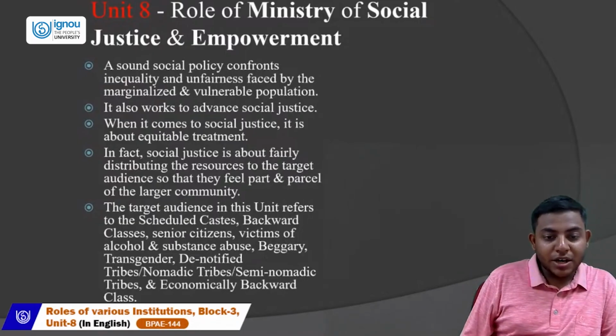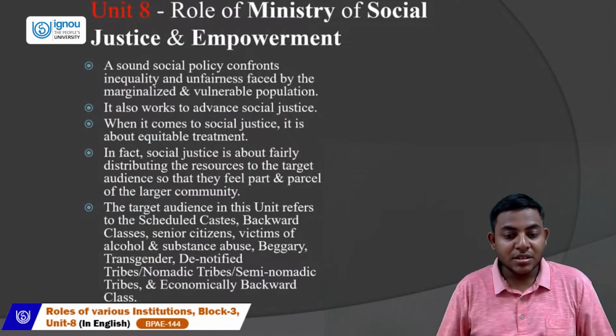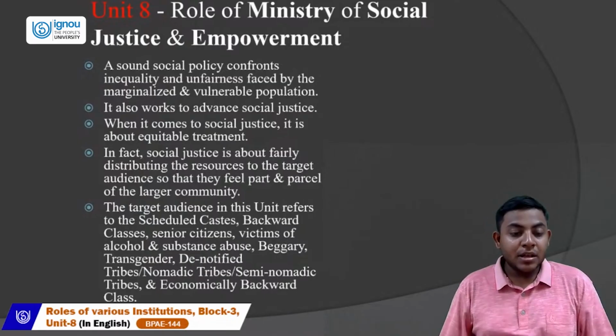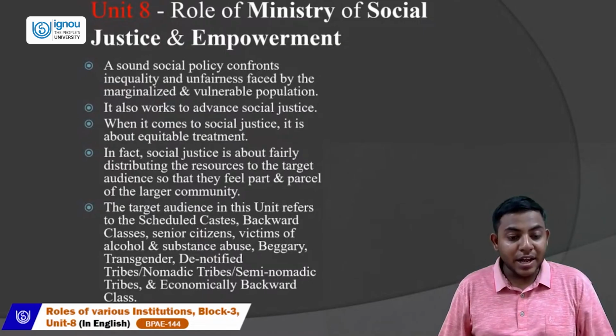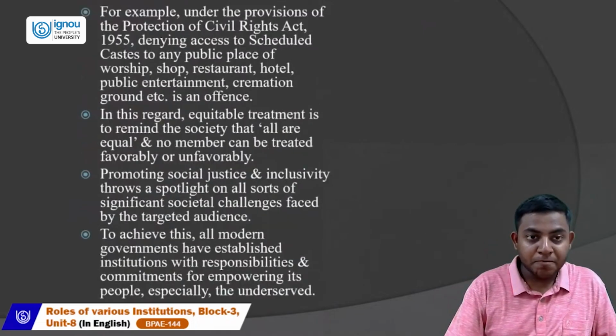So the target audience in this unit refers to the scheduled castes, the backward classes, the senior citizens, the victims of alcohol and substance abuse, the victims of beggary, transgender people, denotified tribes, nomadic tribes, and semi-nomadic tribes, as well as economically backward classes.